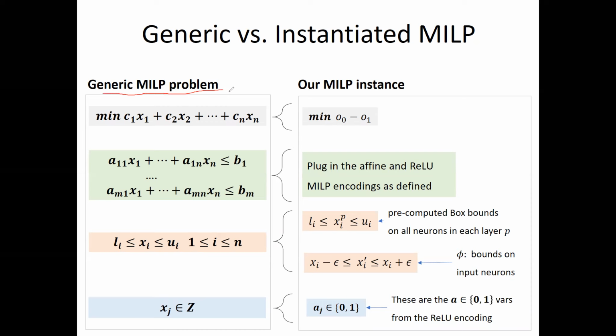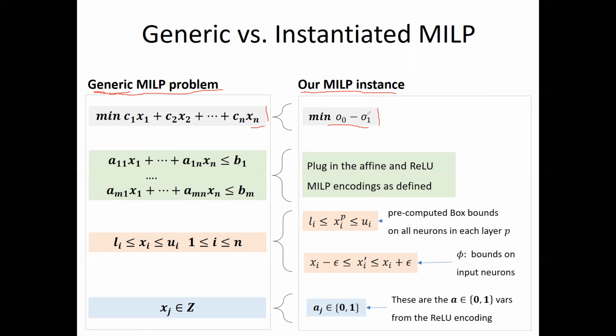This is what the MILP instance would be, the generic thing that the MILP solver takes as input. And on the right side is the neural network encoding, right? This was the objective that we were trying to minimize. We already discussed this on the last slide. So this would be the mapping of the objective to be minimized. It would be stated like this, okay?